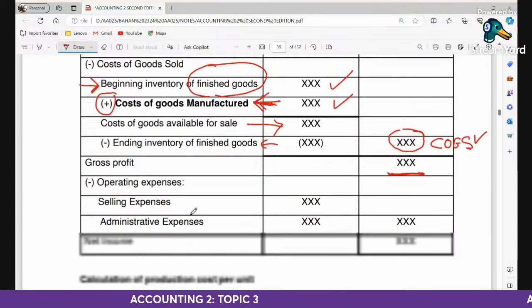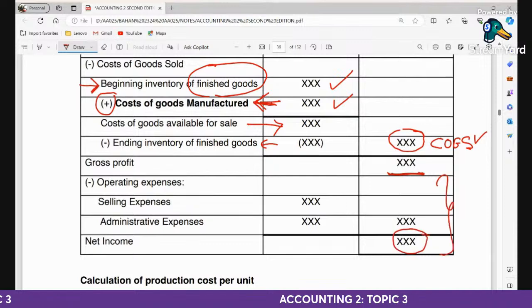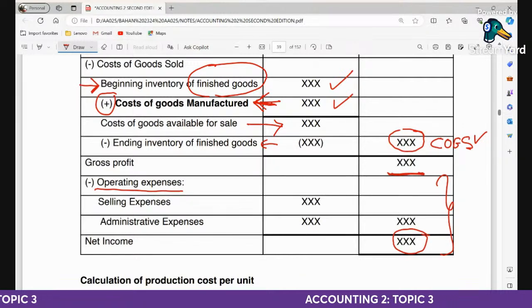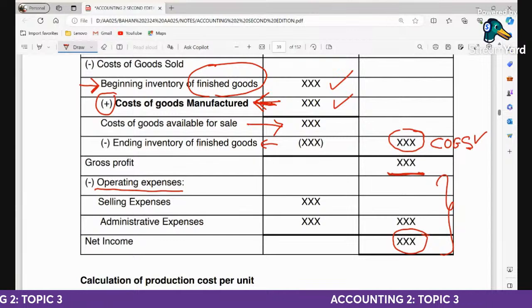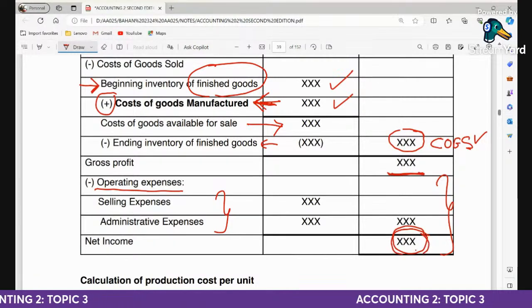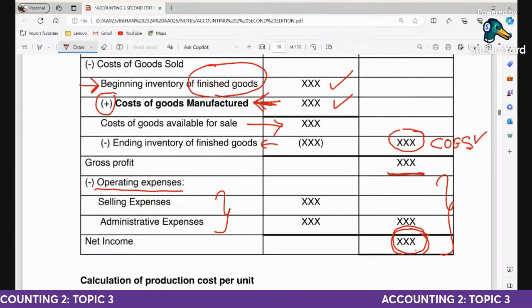Okay, lepas tu teruslah mengira sehingga dapat net profit dengan menolak operating expenses, aka sales and administration expenses, aka period cost. Yang ni dah belajar dalam bab 2. So you're going to list down everything here. Okay, and then kita akan tolak dan dapatkan net profit ataupun net income. Okay, so that are the 2 statements. Okay, and how the COGM is actually related to your SOPEL.